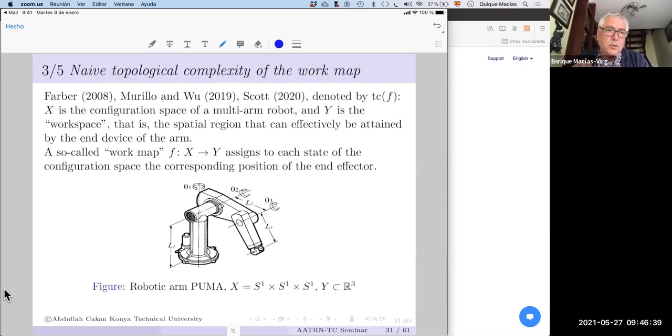So you have a so-called work map, which assigns to each state of the configuration space the corresponding position of the end effector. So for instance, in the figure, you have a robot which has a configuration space which is a torus T^3, but you have as spatial region R^3.